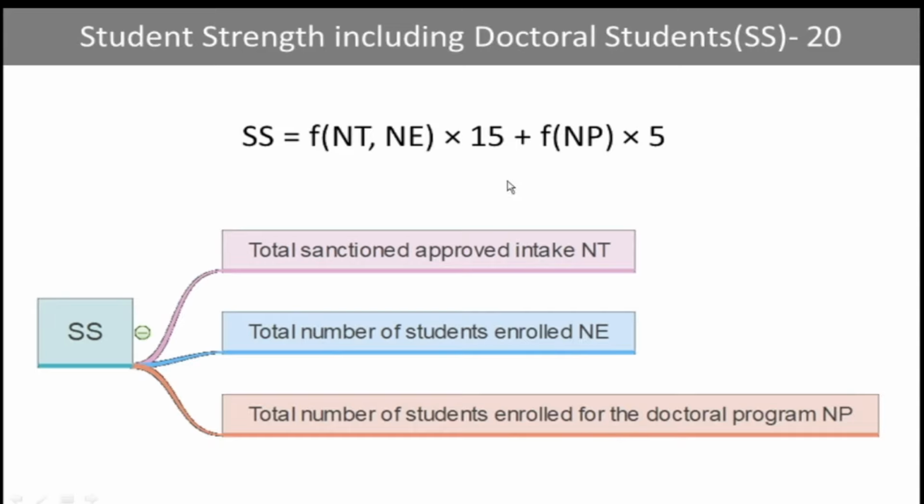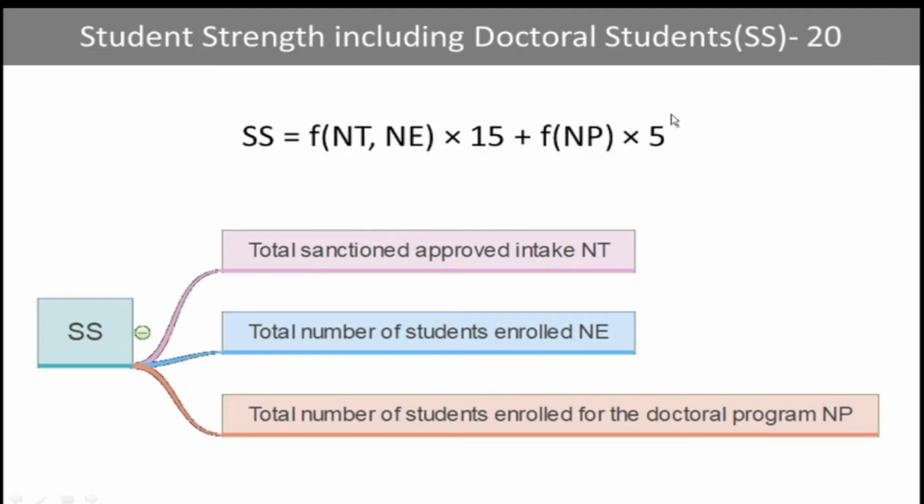Now here you see that NT and NE are multiplied by a factor of 15. However, NP is multiplied by a factor of 5. That means out of these 20 marks for this metric, the maximum weightage, that is a weightage of 15, goes to the students enrolled for undergraduate and postgraduate programs.